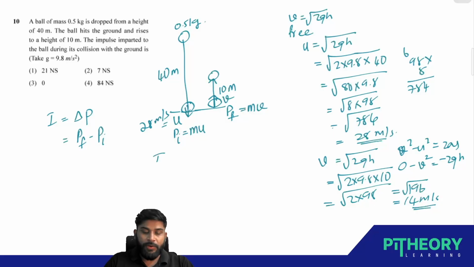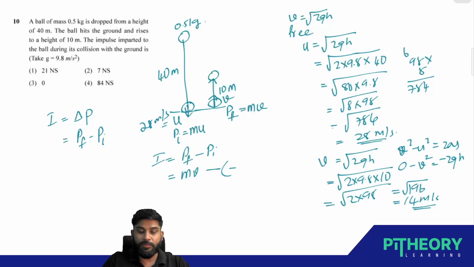So impulse, how do you find it? The final momentum minus the initial momentum. What is the final momentum? You can write it as mv, correct, minus, see, the initial momentum we have to take in the opposite direction. So minus mu, correct. So what you're getting is m into v plus u. So what is m here? M is the mass of the ball.